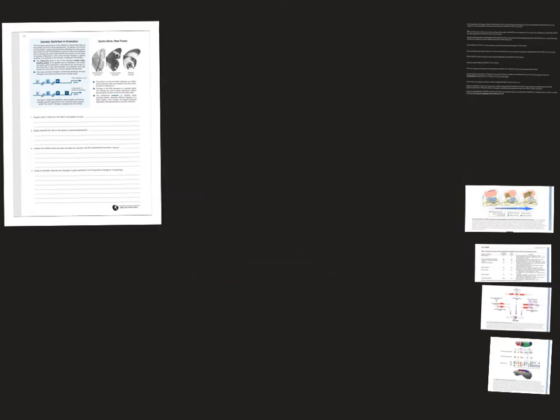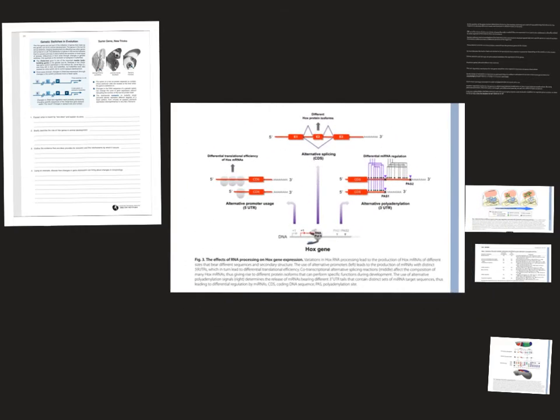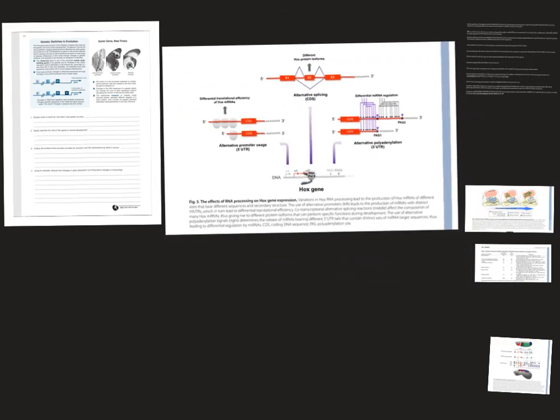When we look at the different kinds of control mechanisms, another thing that we had talked about earlier is alternative splicing. Alternative splicing can, in at least one example of the Hox genes, lead up to 6 different gene products. So one gene can give you 6 different proteins, and we discussed this possibility earlier in the year.